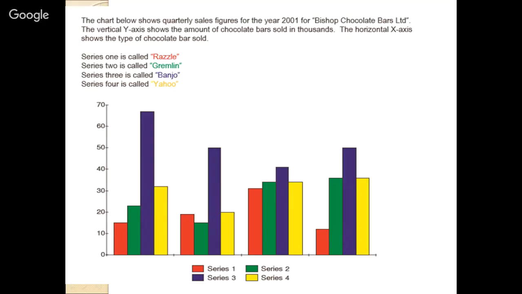If, for example, we had started at 15, then went to second quarter, we went to 19, and the third quarter, we went to 11, and the fourth quarter, we went to 30, and I'm repeating the figures.